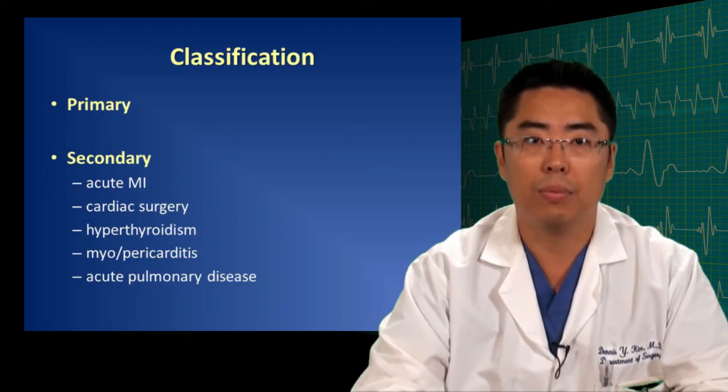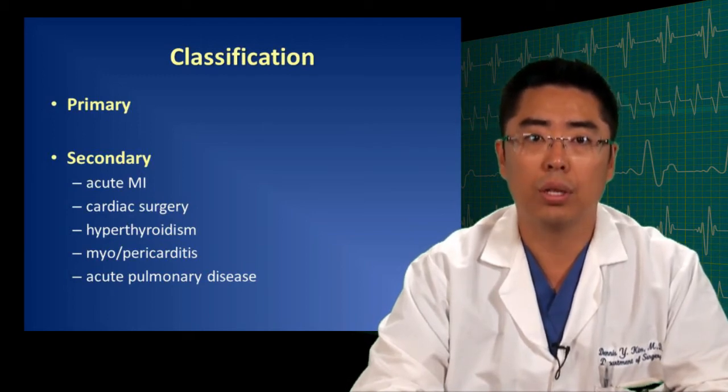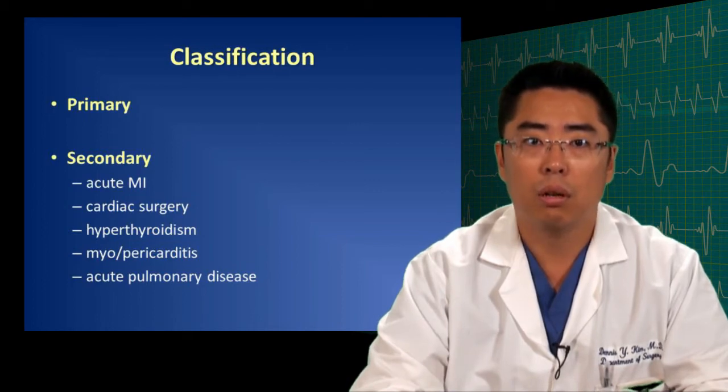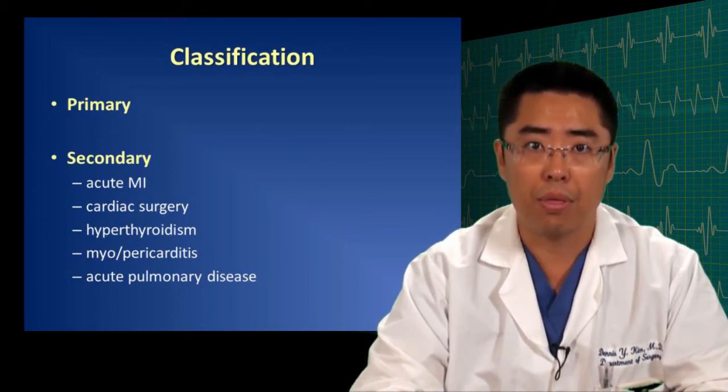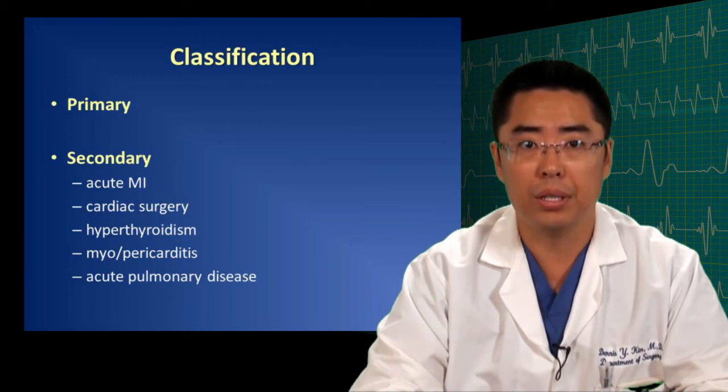Atrial fib can also be classified as primary or secondary. Secondary causes of atrial fibrillation include the setting of an acute myocardial infarction, postoperative state from cardiac surgery, hyperthyroidism or thyrotoxicosis, myopericarditis, as well as acute pulmonary disease.